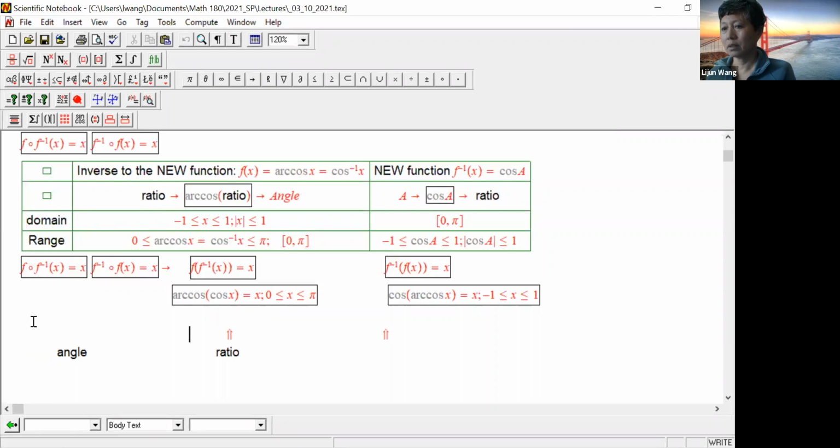And this x, that's angle ratio. Does everybody follow me?